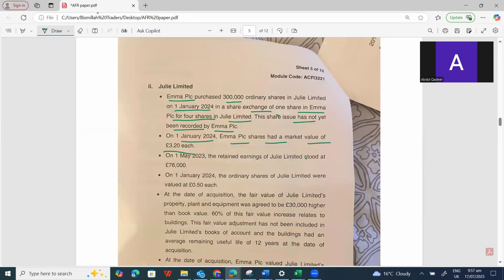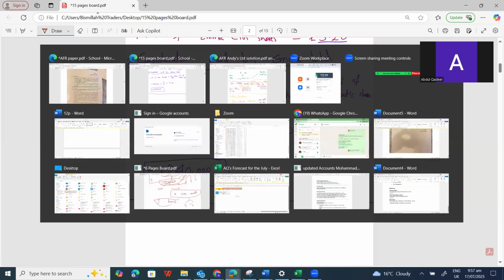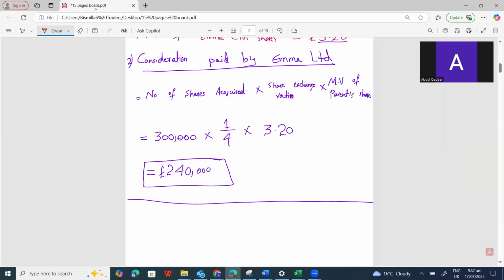Now the next thing is, on 1st May 2023, the retained earnings of Julie Limited stood at 76,000. Now next we have to do the retained earning adjustment.